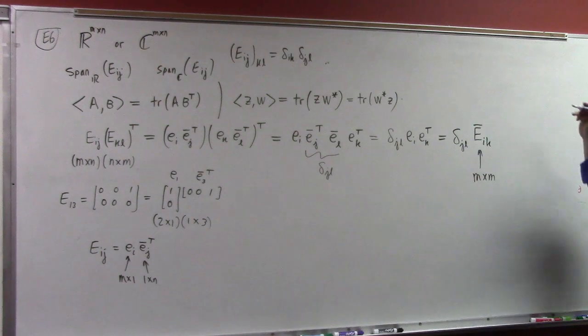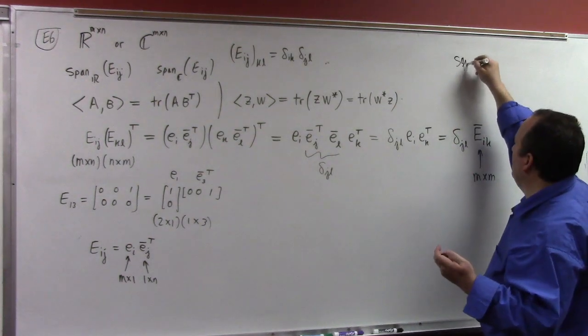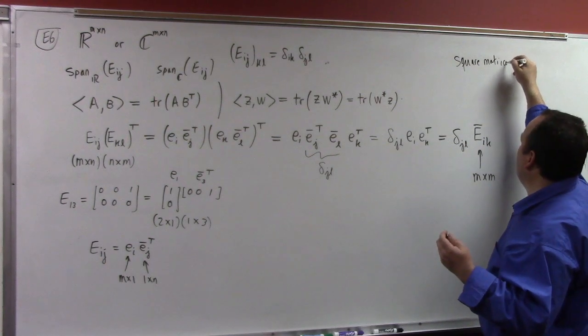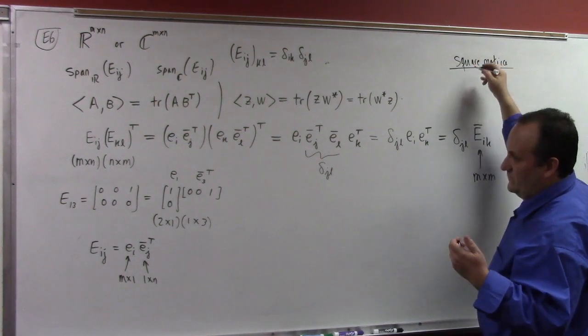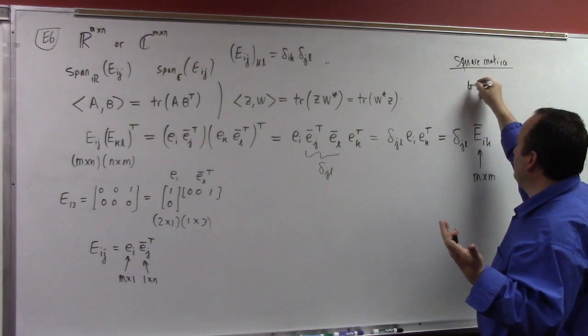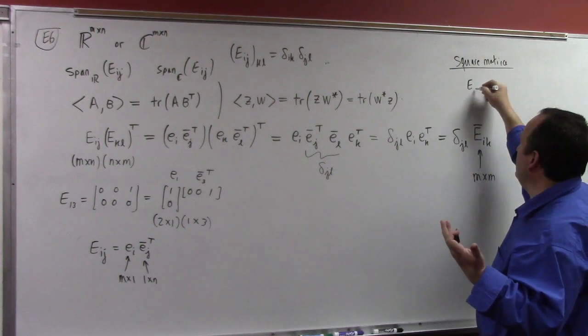For square, which I think is what I usually have the good sense to stick with, which is pretty much all of our applications anyways. Why am I belaboring this? We have the following formula, right?